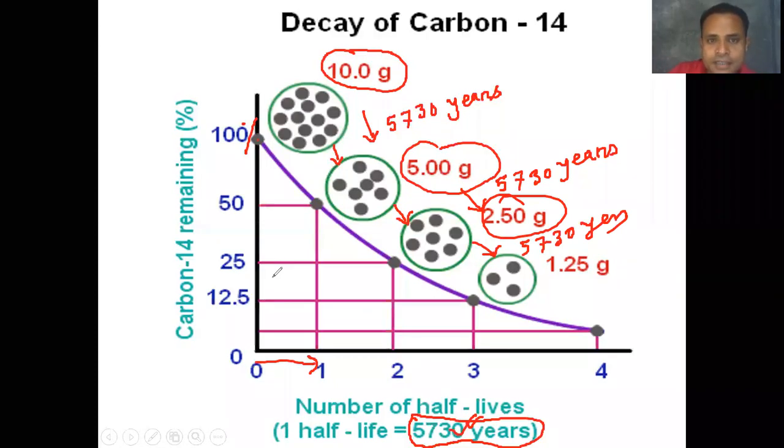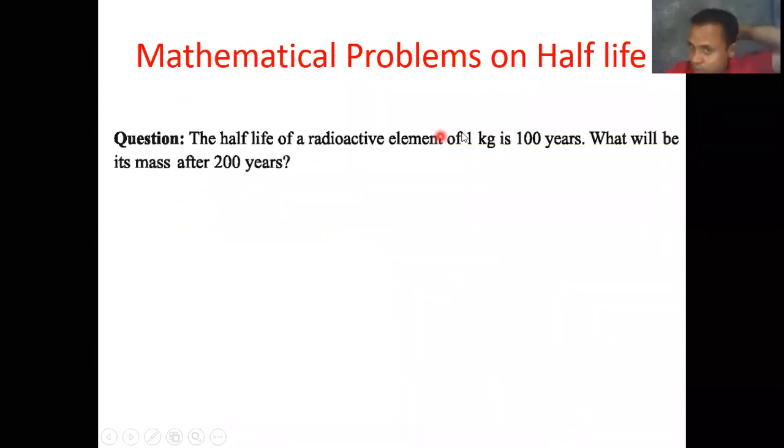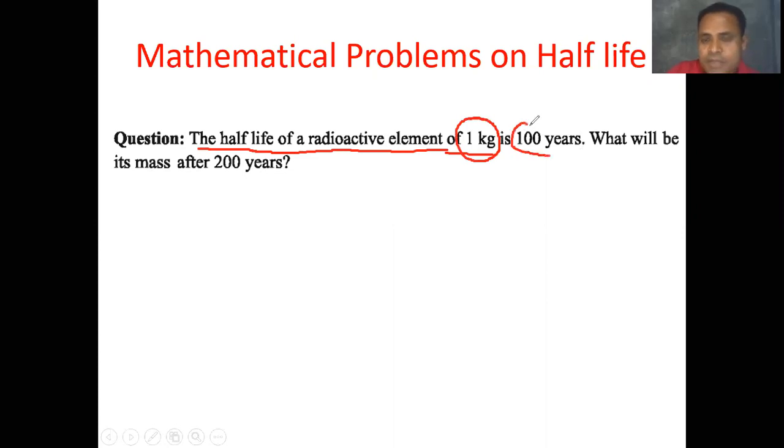Okay, my dear students, now mathematical problems on half-life. The half-life of a radioactive element of 1 kg, that is the initial amount, is 100 years. That means after 100 years, 0.5 kg of the element remains. What will be its mass after 200 years?